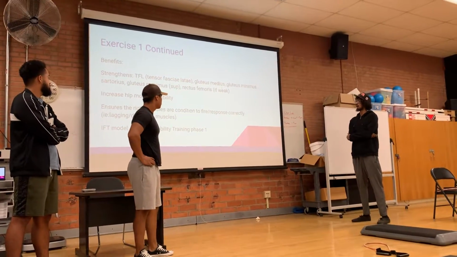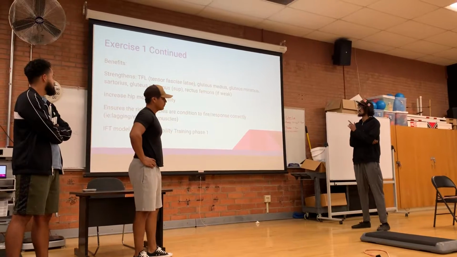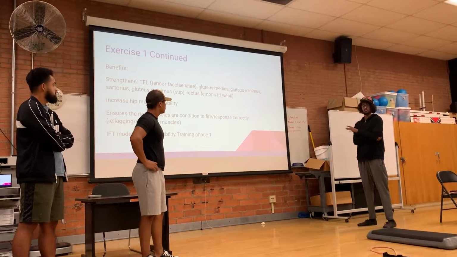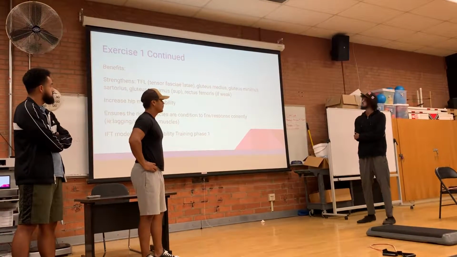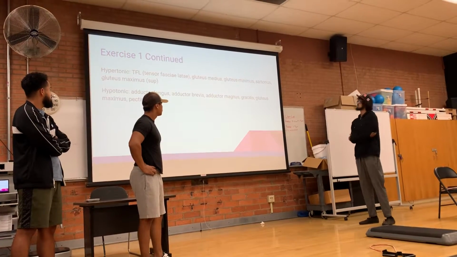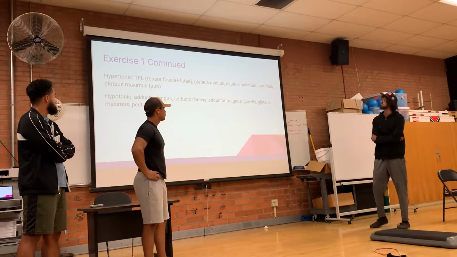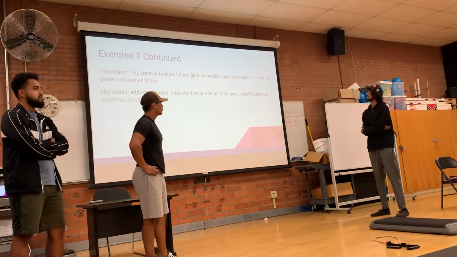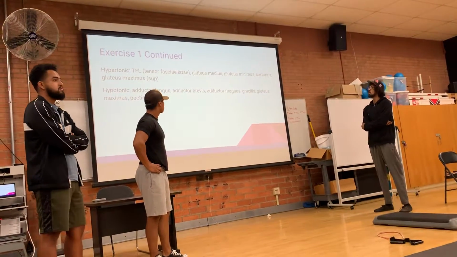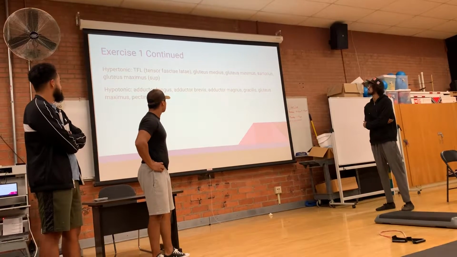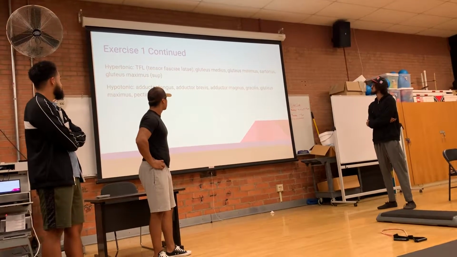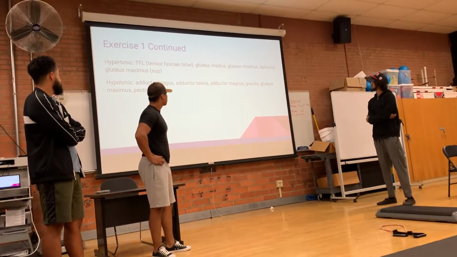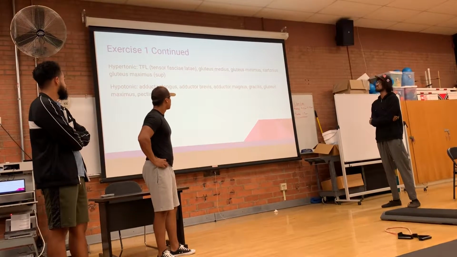For the IFT model, the stability and mobility training phase of this exercise will be phase 1. The hypertonic muscles would be the TFL, glute medius, glute minimus, sartorius, and glute maximus. And the hypotonic would be the adductor longus, adductor brevis, adductor magnus, gracilis, glute maximus, and the pectineus.